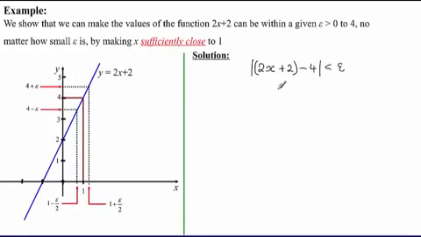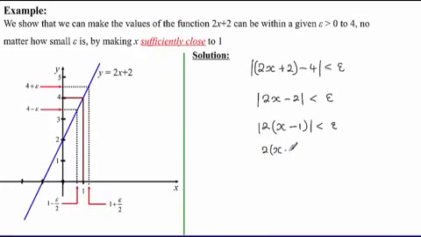Doing the same kind of manipulation as before, we have the absolute value of 2x minus 2 less than epsilon, and then simplifying, 2 times (x minus 1) less than epsilon. Again, this means that 2 times (x minus 1) is less than epsilon and greater than minus epsilon.